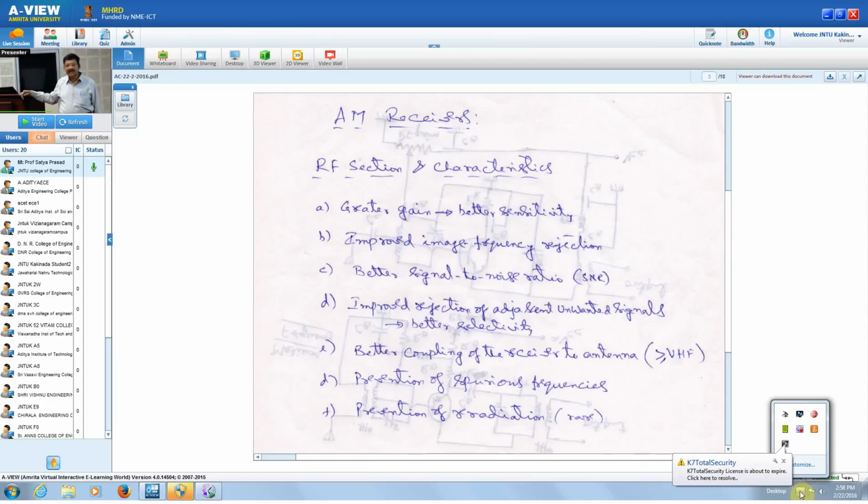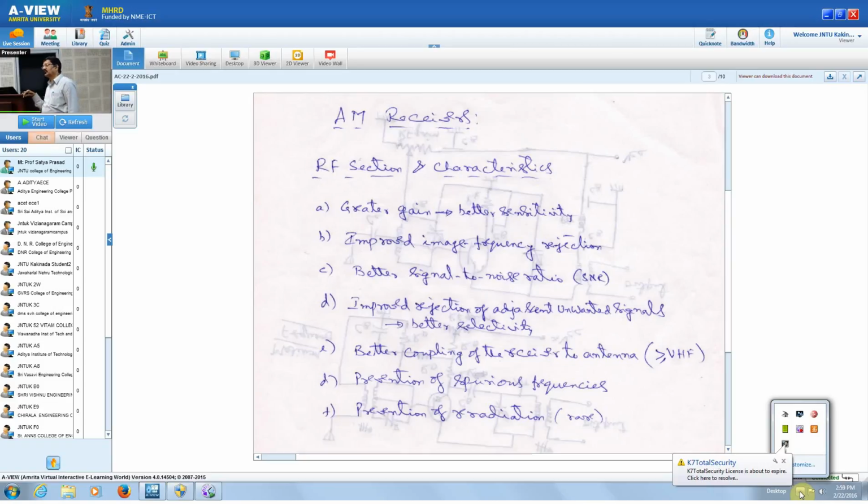This RF section, the input that we are going to have, having enough gain. Along with that, the RF amplifier and the front end should be designed as a very low noise amplifier.